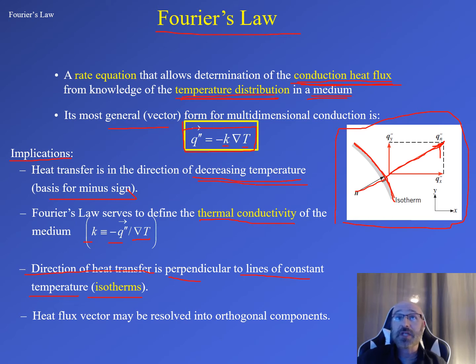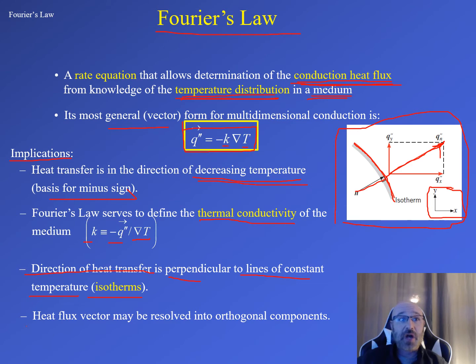Another thing to note is down here. As with any problem that we do, we want to establish a standard coordinate system. Here I just have the standard x, y, with y positive going up and x positive going to the right. If we think about this being perpendicular to the isotherm, in this particular case it's going to have both an x and a y component. So we're going to do a little bit of trig as we go through this in order to break it down and solve this type of problem in terms of its x and y components.